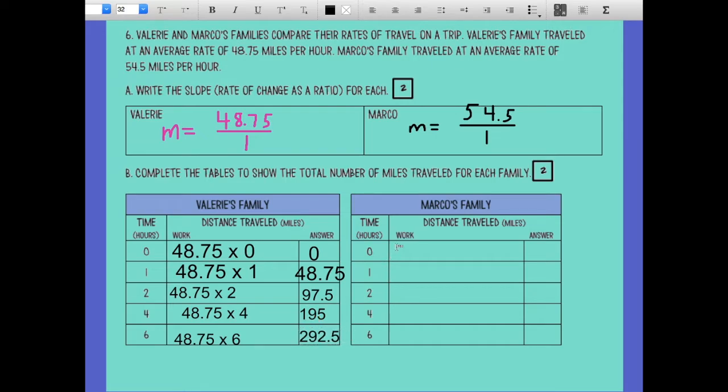All right, and then the same thing for Marco's. So Marco's family, 54.5 times 0. This is showing the work there. So that's part of what we're looking for.